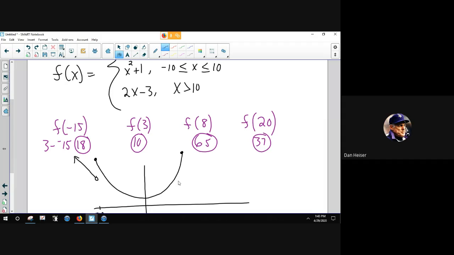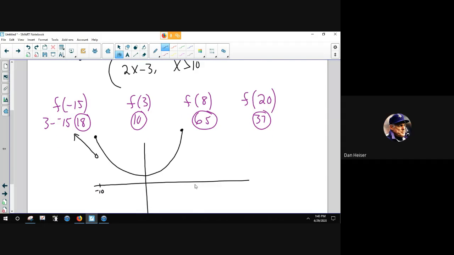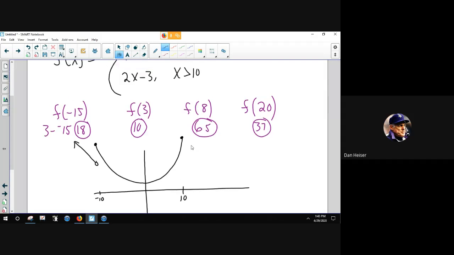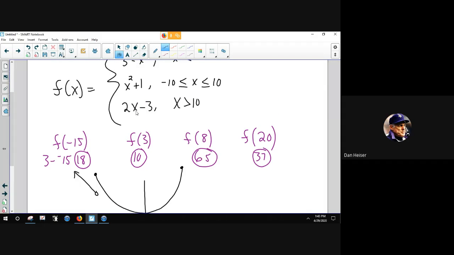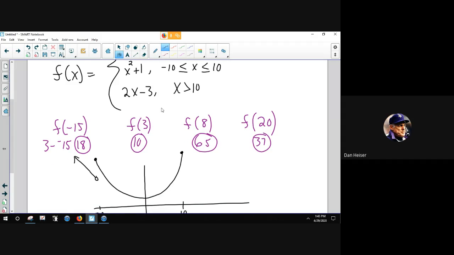And then 2x minus 3. When x is 10, so here's 10 right here. I'm kind of doing this on the fly. Bear with me. When x is 10, it can't be 10 because this says greater than, but let's just pretend it was. Y would be 17. So we'll say that this is, again, not to scale.